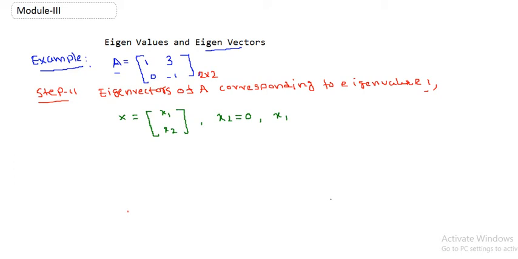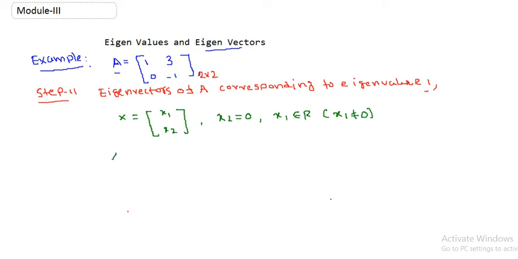We have stated that previously. So x1 is any real number. Because we are talking about an eigenvector, we need a non-zero solution, so in general we do not want to take x1 equal to 0. So x1 is a non-zero quantity, any real number.